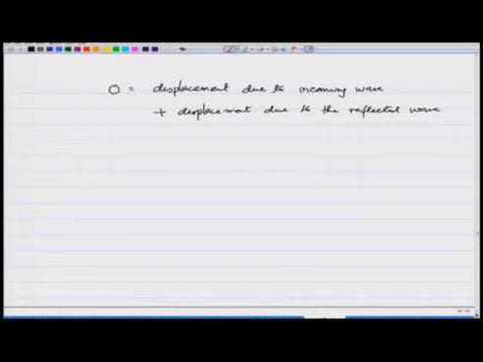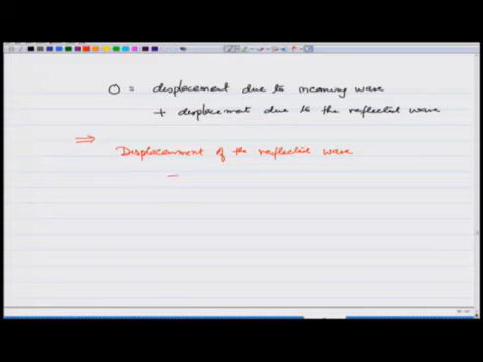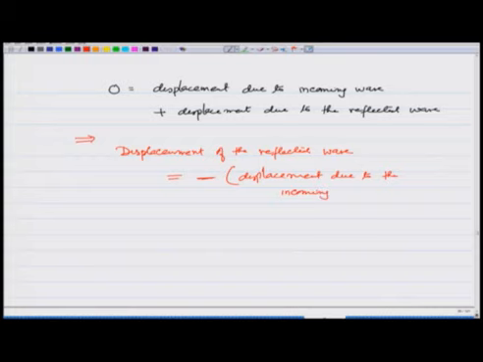And this is at a hard boundary where there can be no displacement, and this immediately tells you that the displacement of the reflected wave is equal to minus, that is opposite to, the displacement due to the incoming wave. So, they are always opposite.